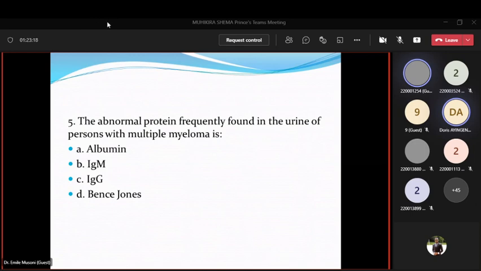As you have seen in the first question, the immunoglobulin M is the one which is present in the urine of that person with multiple myeloma. Which one? Immunoglobulin M.